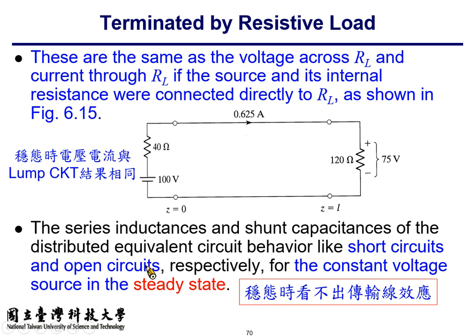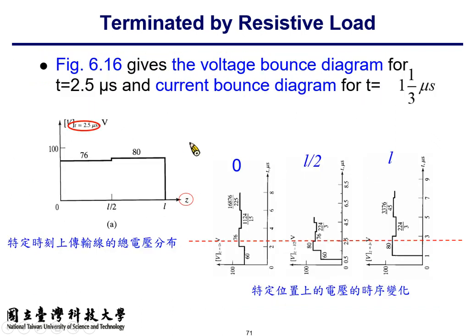So you have no effect on the steady state voltage and current. Okay? So you should look into the descriptions in the textbook. All right, so that's the total voltage we observe at a certain point.